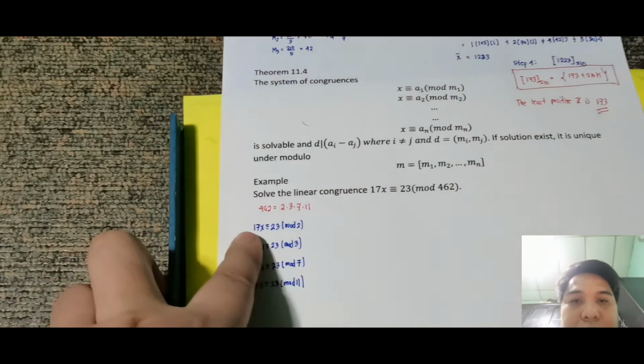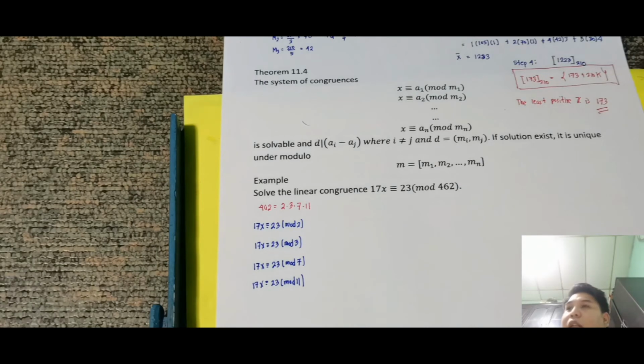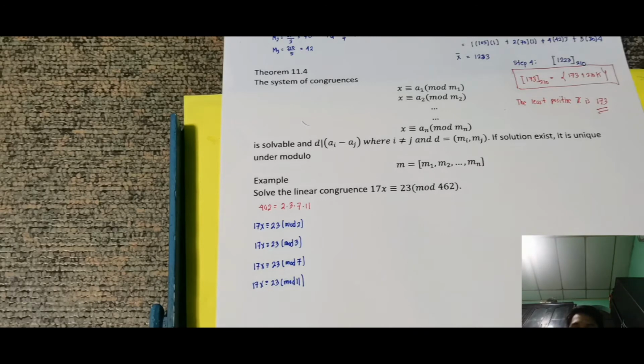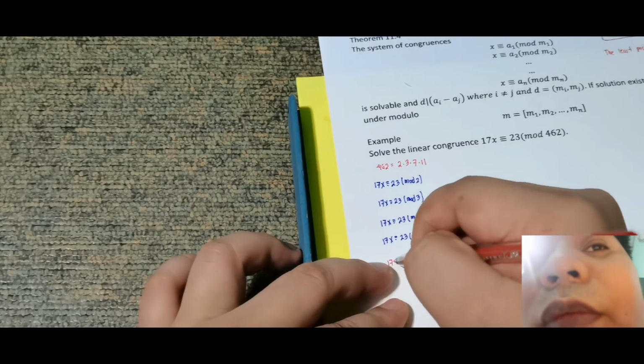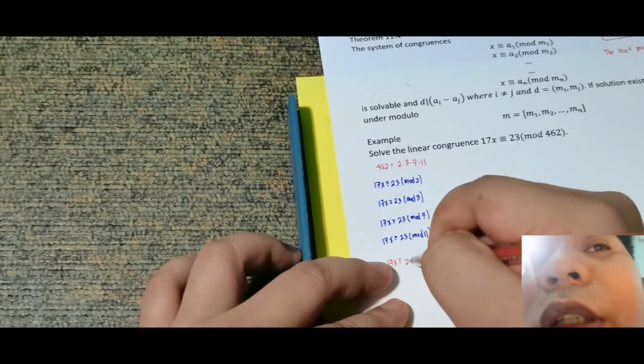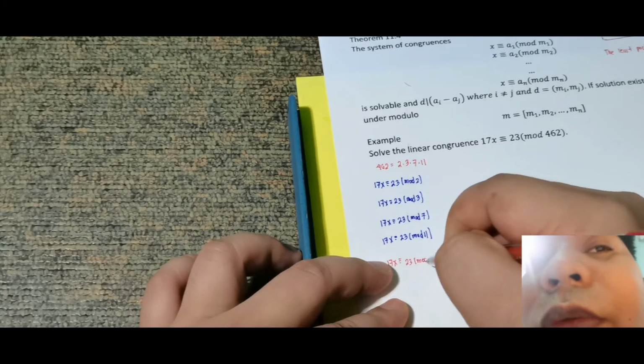So ito kung pansinin mo, pag sinimplify natin si 17x congruent to 23 mod 2. So i-break natin una, no? So una si 17x congruent to 23 mod 2.